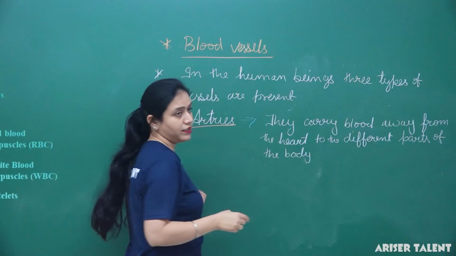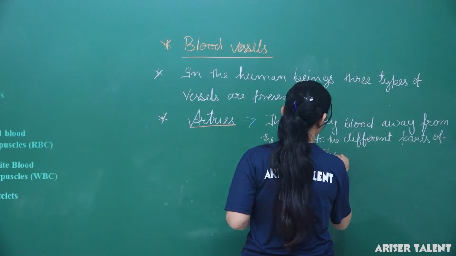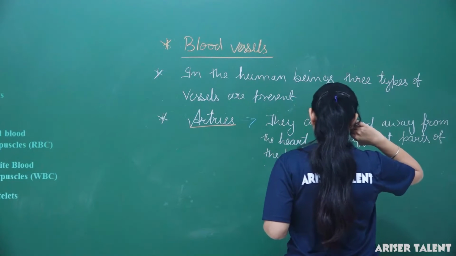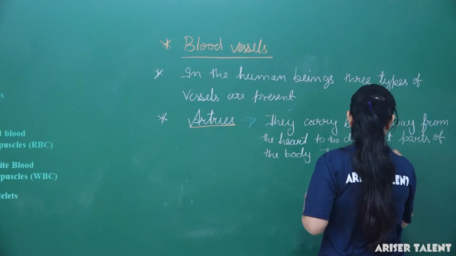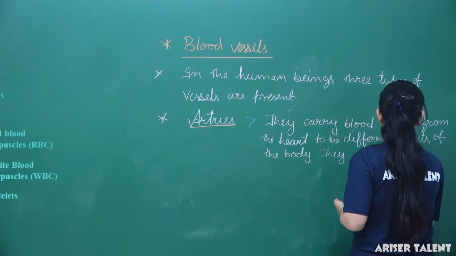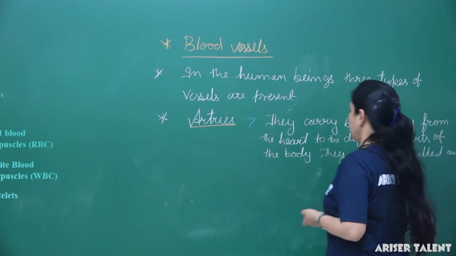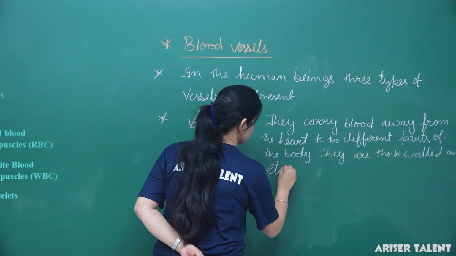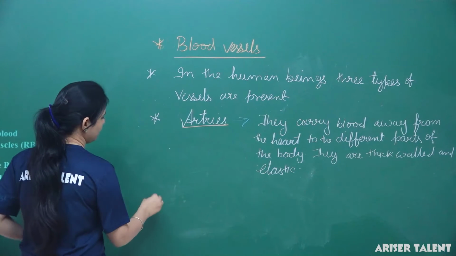Okay, and generally they are thick walled and elastic. Their wall is thick. They are thick walled and elastic. Fine. Next, we will talk about the veins.